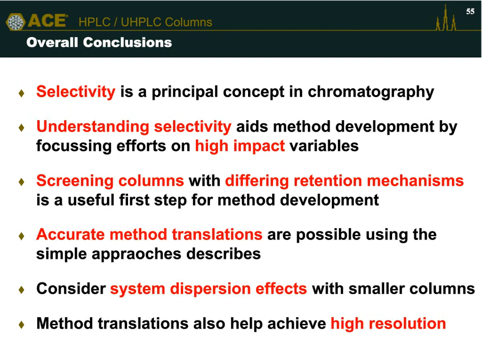From a translation perspective, using the equations I've described, it can be very straightforward for isocratic and gradient separations. You must consider extra column band broadening or dispersion effects for smaller columns, as it will reduce the quality of your chromatography. And of course, with these complex samples, you can maximize your resolution using increased bed length by daisy chaining columns together, if that's what you want to do.